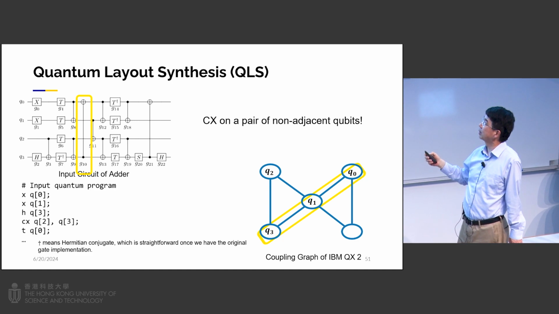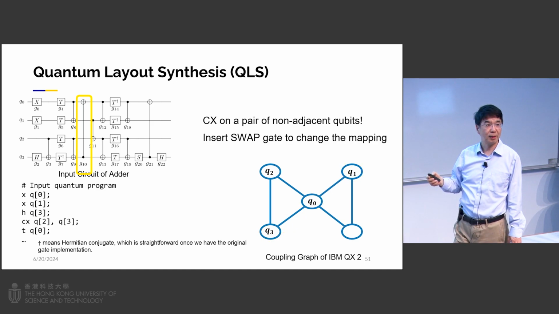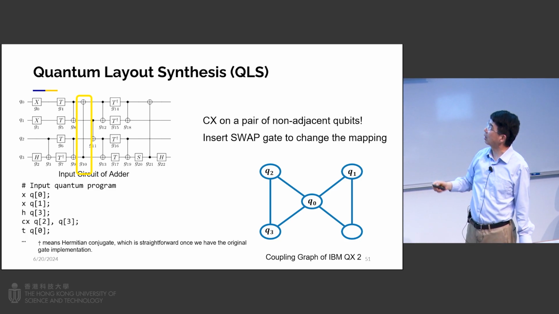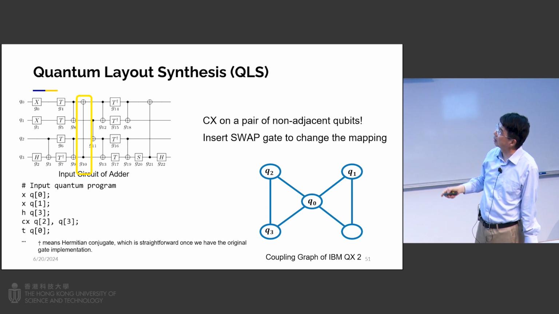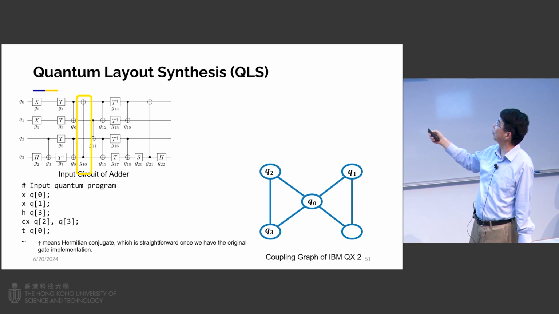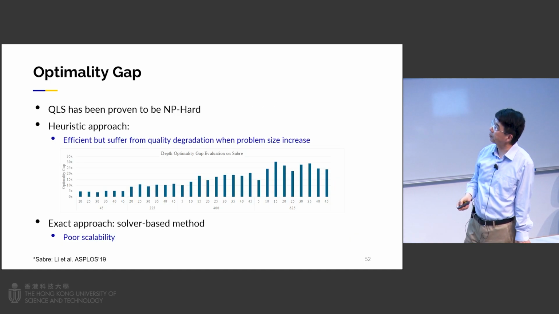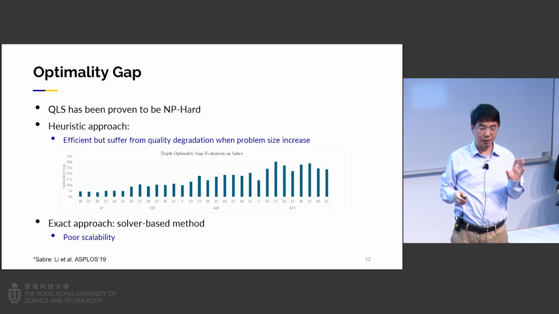Actually, you can still make progress. What you need to do is insert a swap gate. You exchange Q0 and Q1, and if you exchange Q0 and Q1, then Q0 and Q3 are now adjacent. You can apply that gate to this one, and then you can continue. So that's basically what I call a physical synthesis.